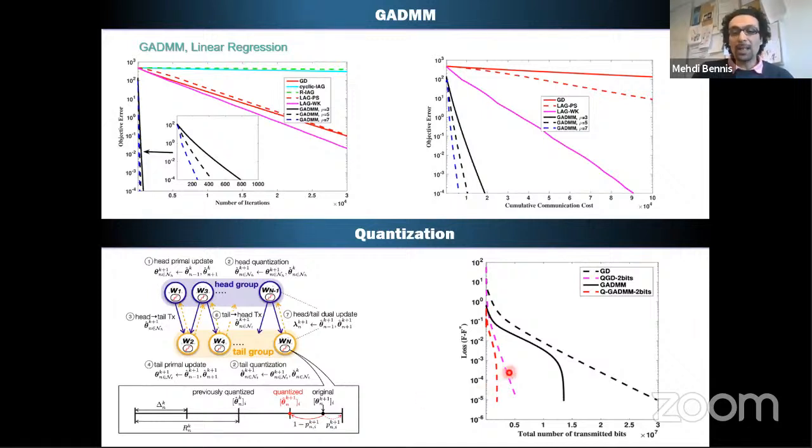And what you can see on the right-hand side, again, is the objective loss or test accuracy versus the total number of transmitted bits for the quantized model versus the non-quantized model, and a bunch of other baselines. And you can see again here that you can get a free meal in terms of not paying any price in accuracy, but significantly less payload or faster convergence, in other words.